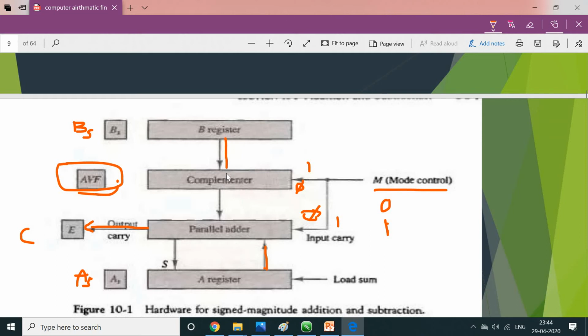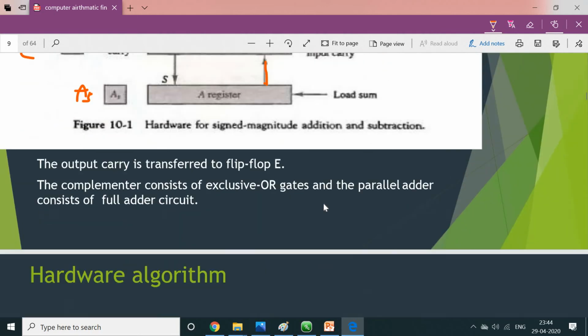Whatever the B register value is, its 2's complement is transferred to the parallel adder. The same A register value is read and added. With the help of the parallel adder, we add the binary information. The sum is transferred to the A register, and the carry is transferred to the E bit. So this is the hardware for signed magnitude addition and subtraction representation.